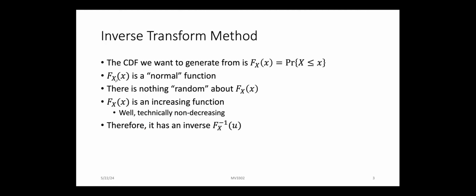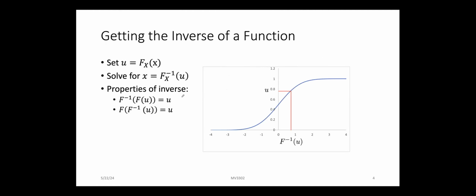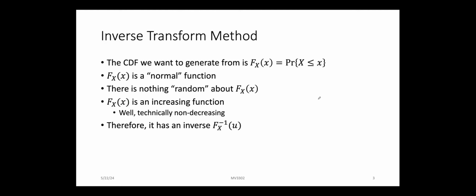And for the cases where we can write it down, we can at least have a fighting chance of applying this method. So there's nothing random about this function. And it's an increasing function, or technically non-decreasing. They're sort of fussing about flat areas and stuff like that, but that just introduces a bunch of complexity.